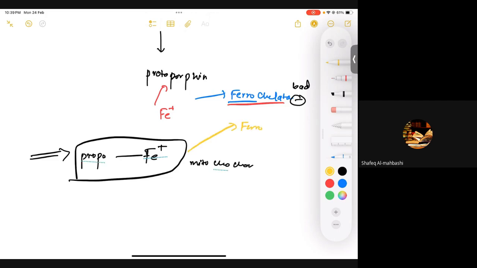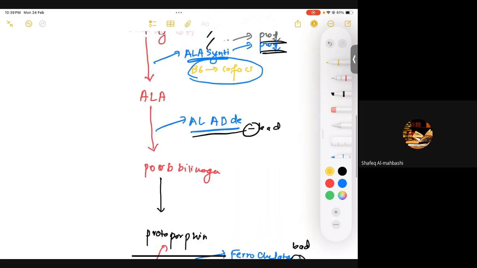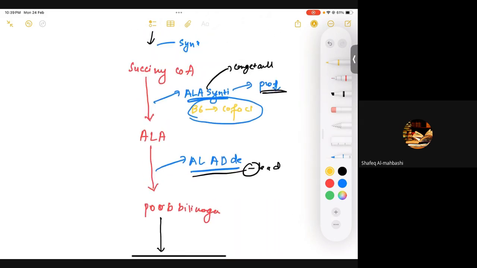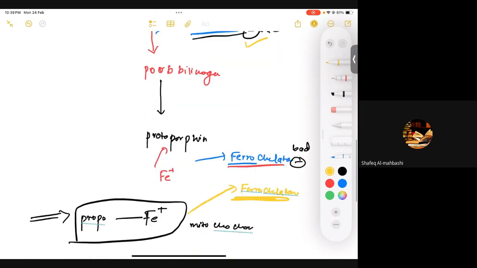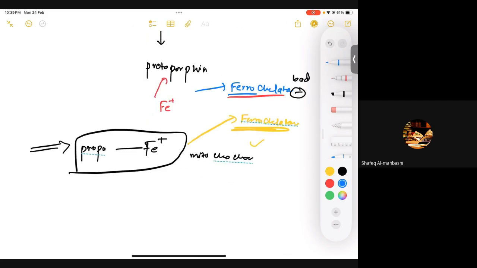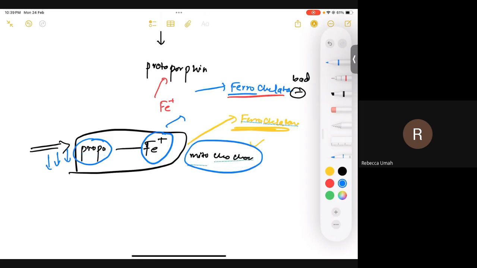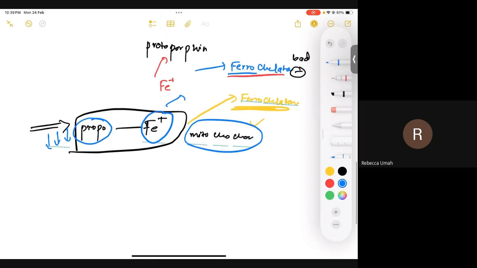So if we have these pathologies we discussed, for example congenital absence of this enzyme, deficiency of B6, or lead poisoning, can I say that we won't have a sufficient amount of protoporphyrin? Protoporphyrin is going to be very low, but the iron is sufficient. So the idea is really simple. Iron is going to enter the mitochondria, but as iron enters the mitochondria, it has nothing to bind. So what happens? Iron is going to be trapped there.